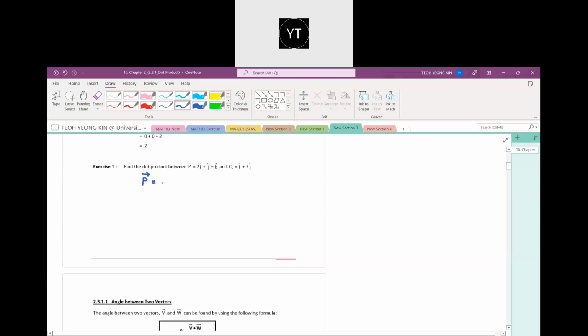Vector P is 2 for i, 1 for j, and -1 for k, whereas vector Q has coordinates 1, 2, and since we don't have k, it is 0. So we have vector P and vector Q, and we want the dot product of vector P and Q.